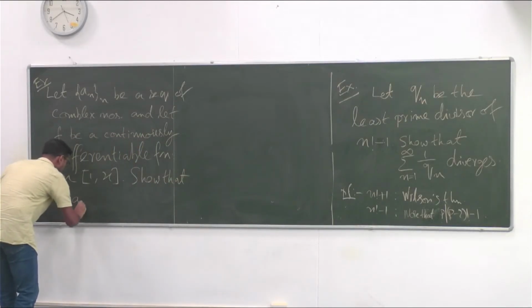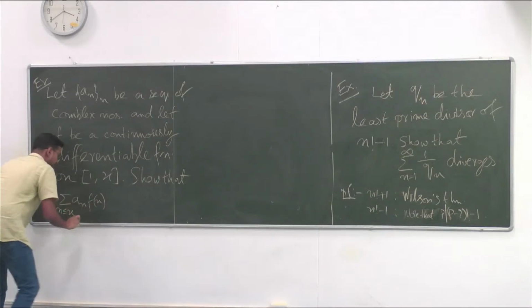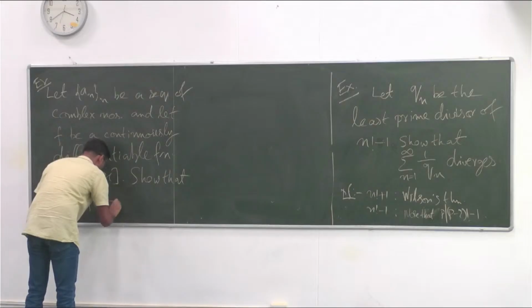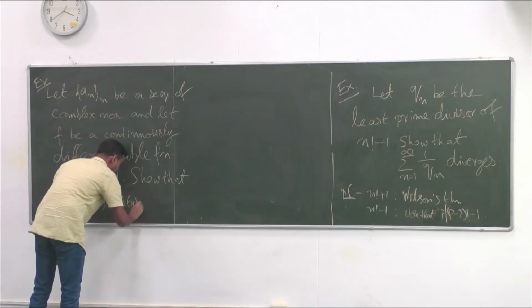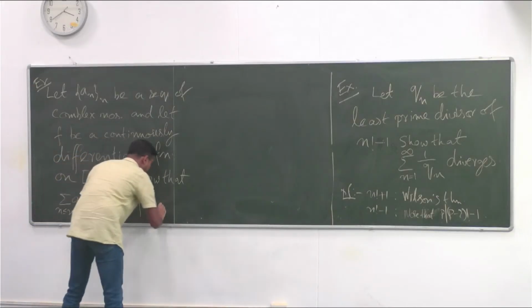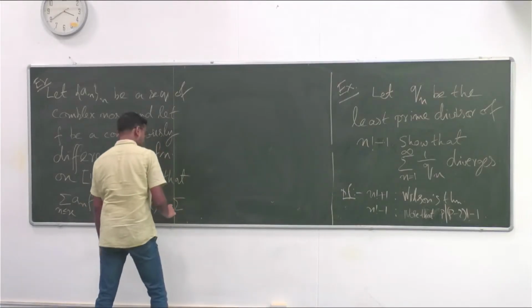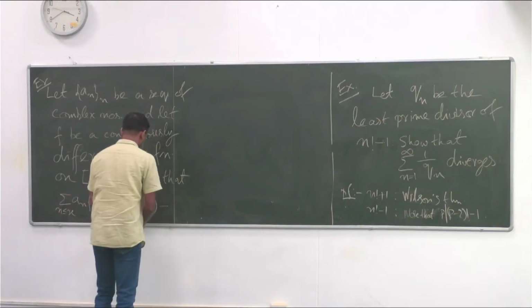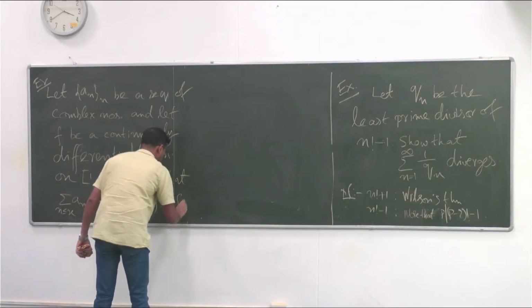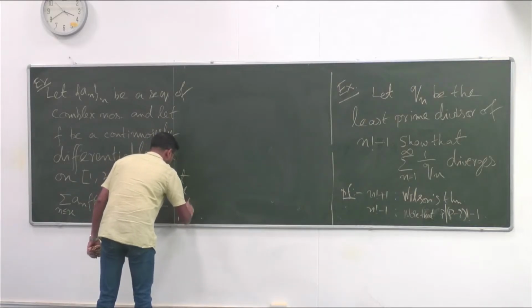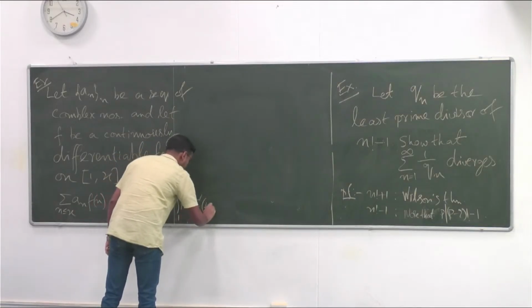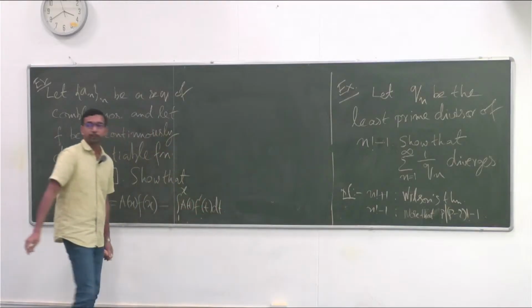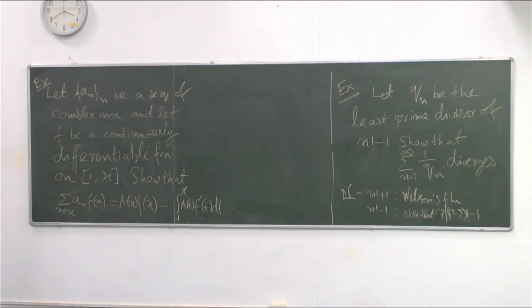summation an for n less than or equal to x is equal to Ax f(x) minus, oh, okay, wait a minute, integral from 1 to x of A(t) f dash t dt. So please proceed.